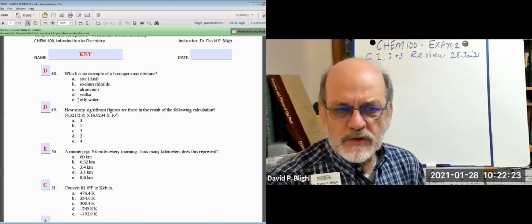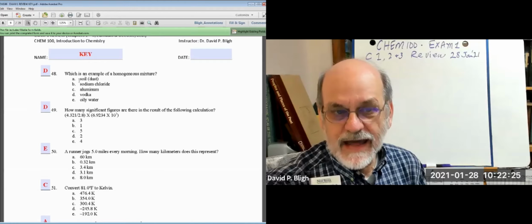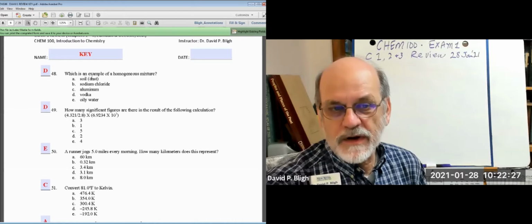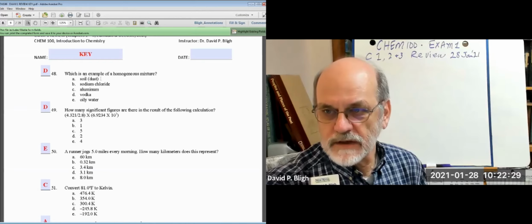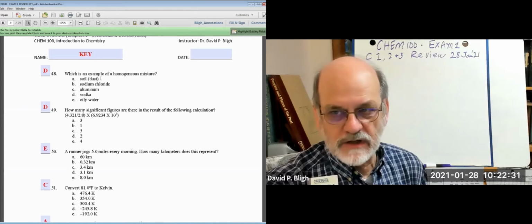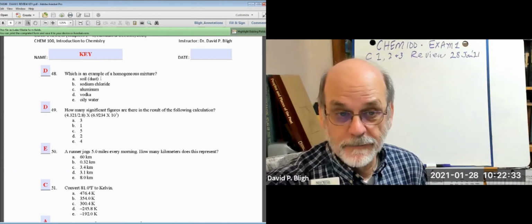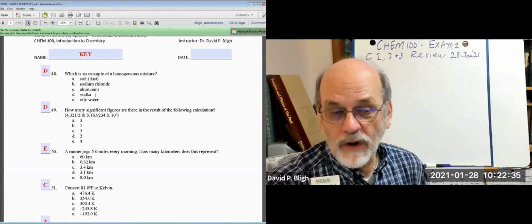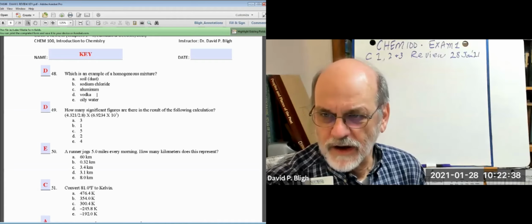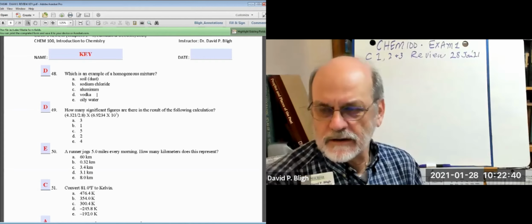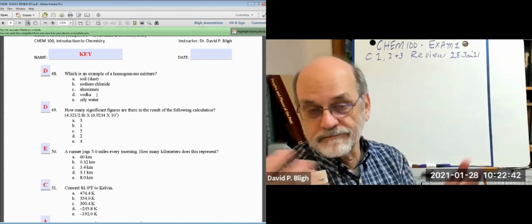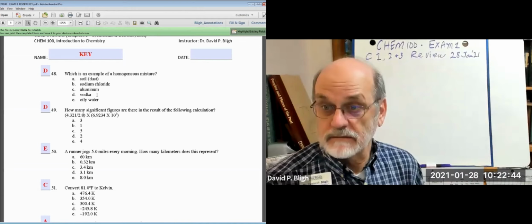So we can choose between E, D, and A. We already know that soil, even in the form of dust, is not homogeneous. It's heterogeneous. Oily water doesn't mix very well, so even if you mix it really good, like you're making your own salad dressing, right?